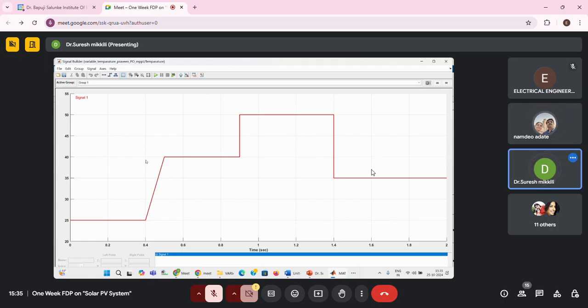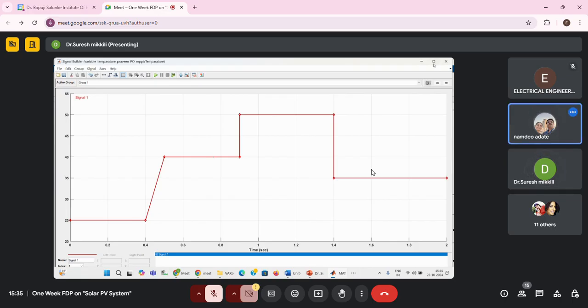So from 0 to 0.4 seconds, how much value, then 25. At 0.4, how much temperature is there, so it will show the real-time changes in temperature. If you measure temperature variations and approximately give them, we can create it like this.